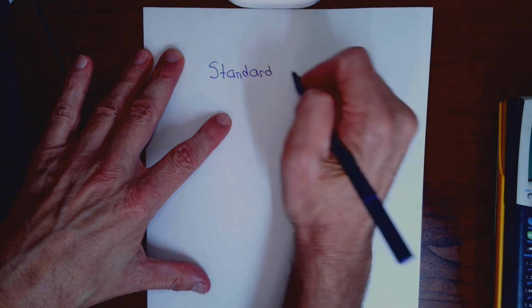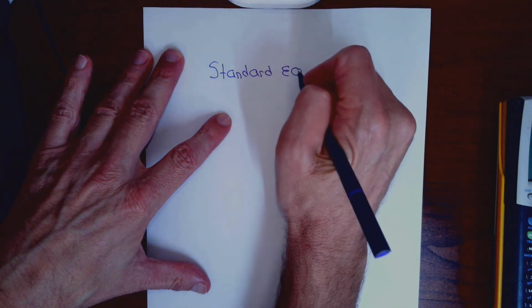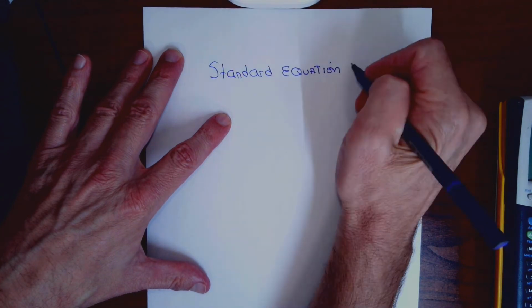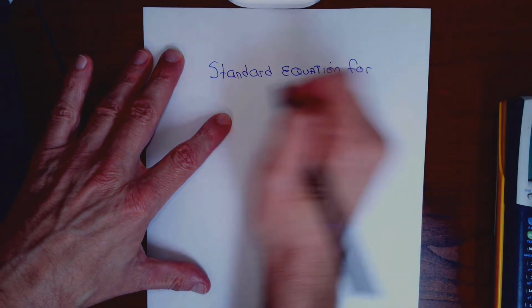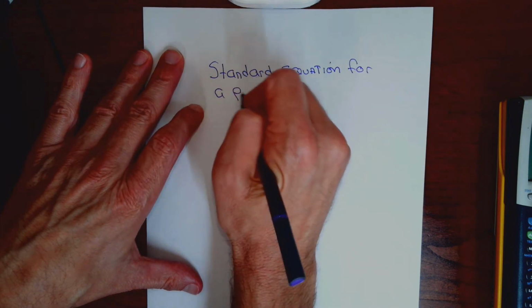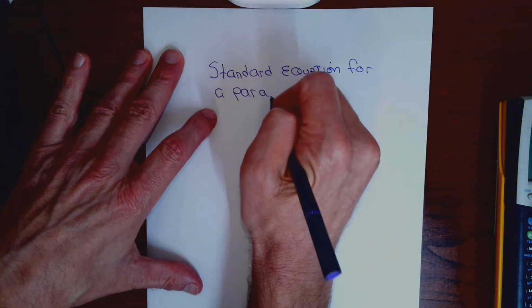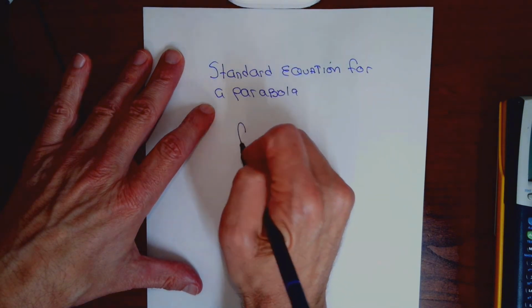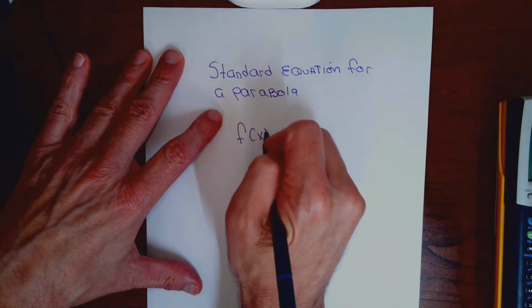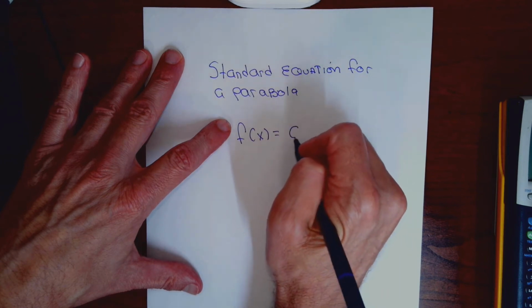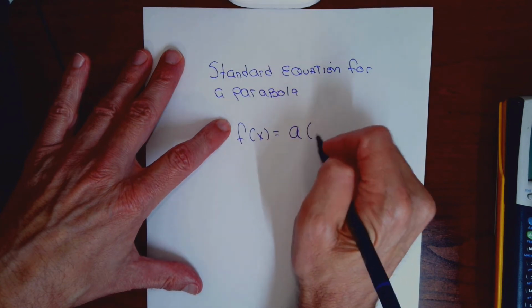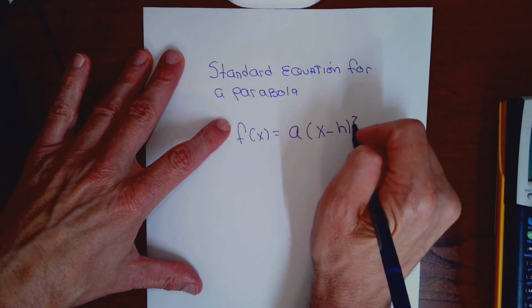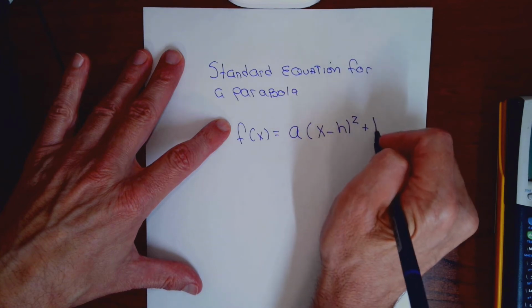So the standard equation for a parabola is f of x equals some number that we call a times x minus h squared plus k.